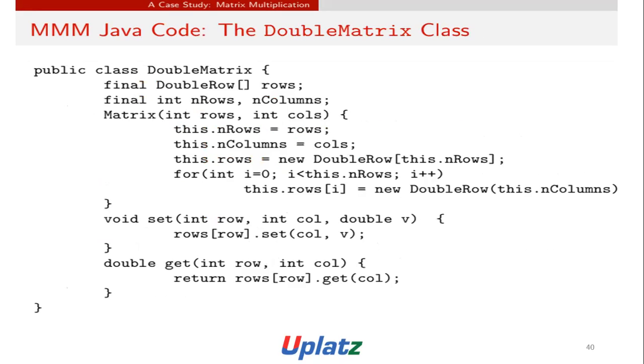Double matrix class final and double row class final. The double matrix has init rows and columns: this.rows = new DoubleRow[rows]; for i, this.rows[i] = new DoubleRow(columns). Set: init row, column, double v, rows[row].set(column, v). Double get: init row, init column, return rows[row].get(column).